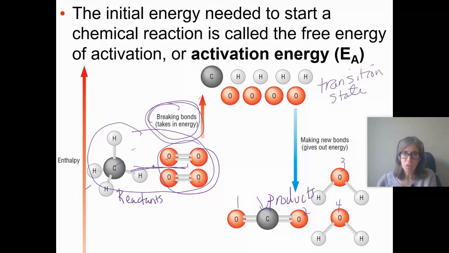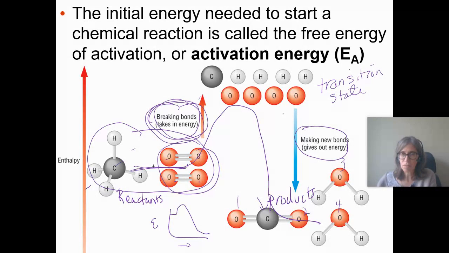So you might remember a graph that sort of looks like this, right? We said progress of a reaction this way, energy this way. This is one of those energy releasing reactions. So you put energy in to break the bonds, and then you make new bonds, and that releases energy. If you release more energy by making the new bonds than you did by breaking the bonds, then that's going to be an energy releasing reaction, like it is here.